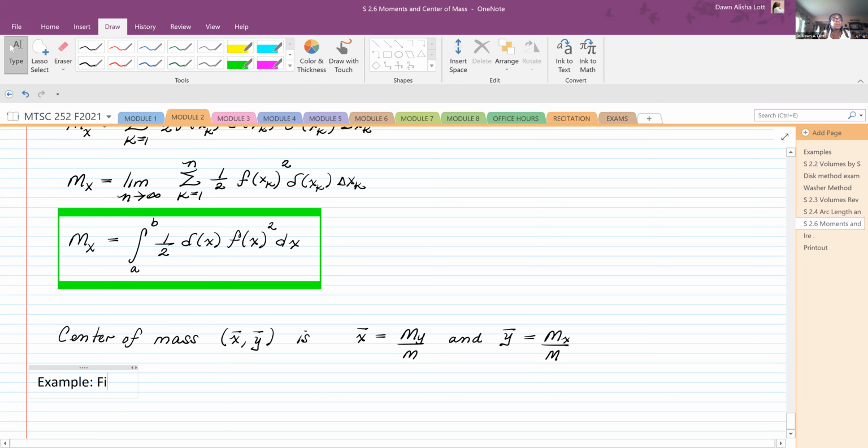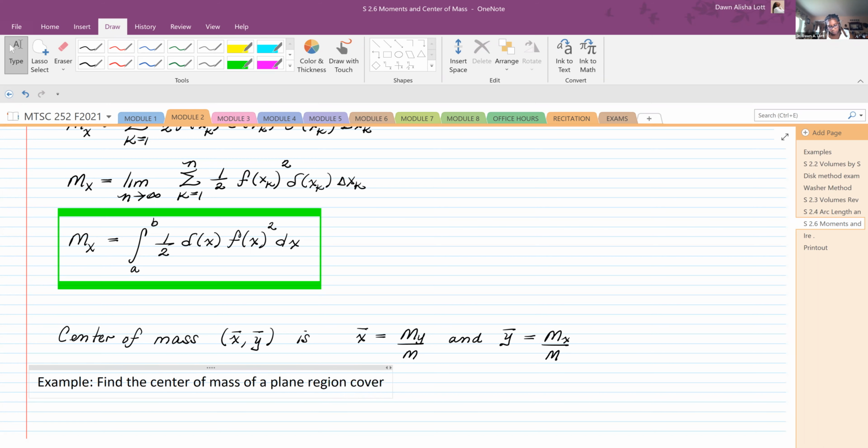Find the center of mass of a thin plate covering the plane region bounded by the parabola.